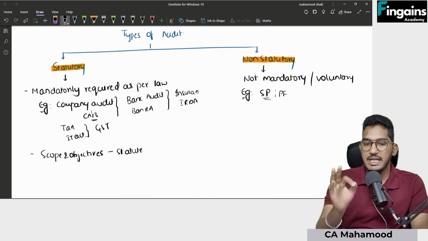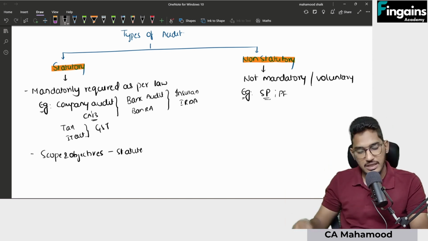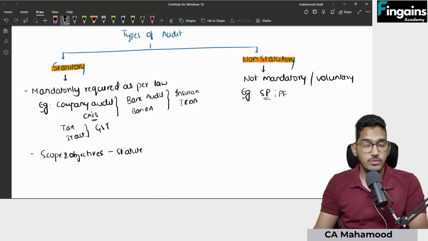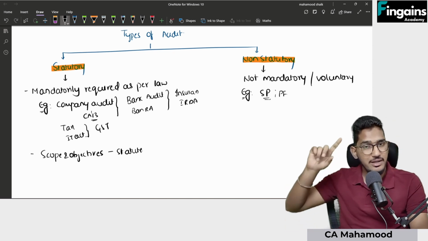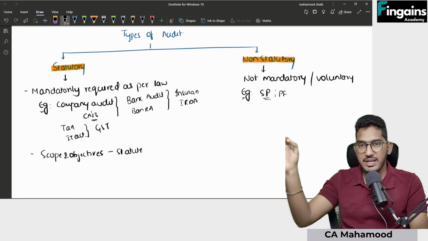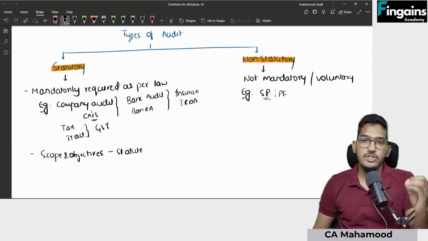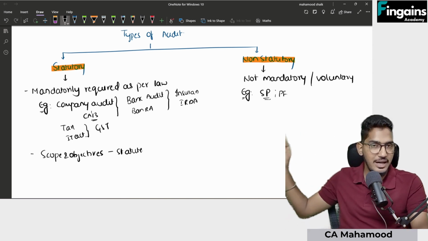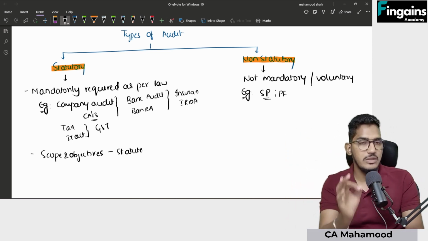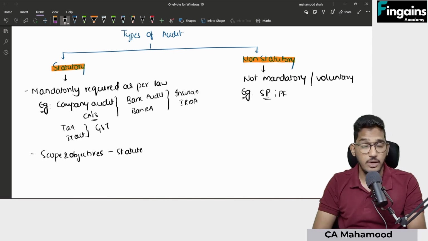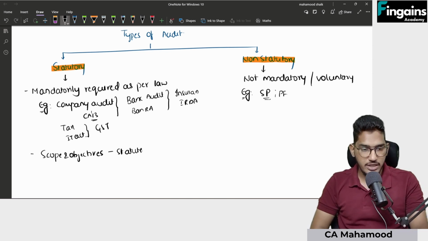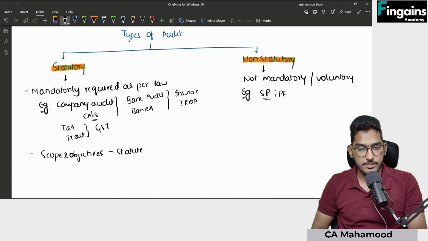Like the company audit has been made mandatory under the Companies Act, the Companies Act itself will say what will be the objective and scope of the company auditor. The bank audit has been made mandatory under the Banking Regulation Act, which itself will say what will be the objectives and scope of the bank auditor. Insurance audit has been made mandatory under the IRDA Act, and the same IRDA Act will say what will be the responsibilities of the auditor. Understood, everybody? So in case of statutory audit, the scope and objectives are decided by statute.